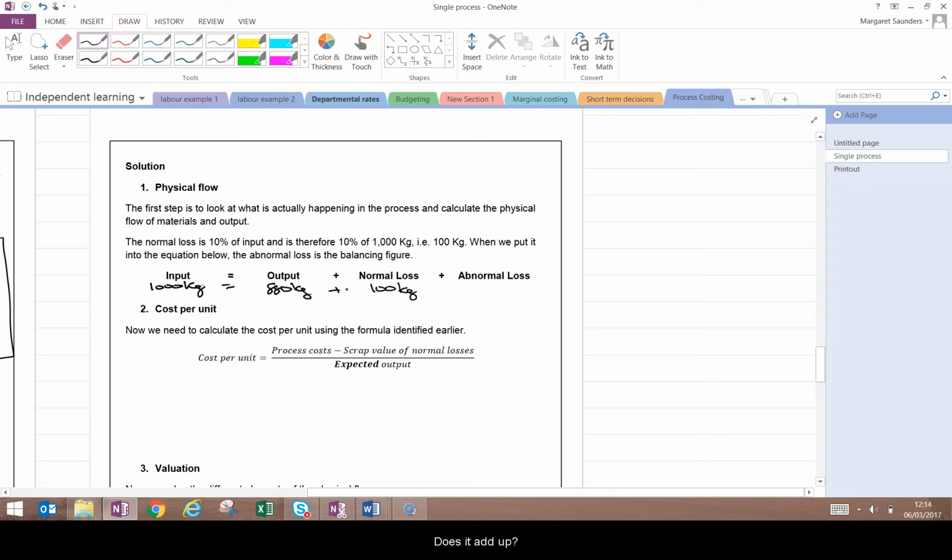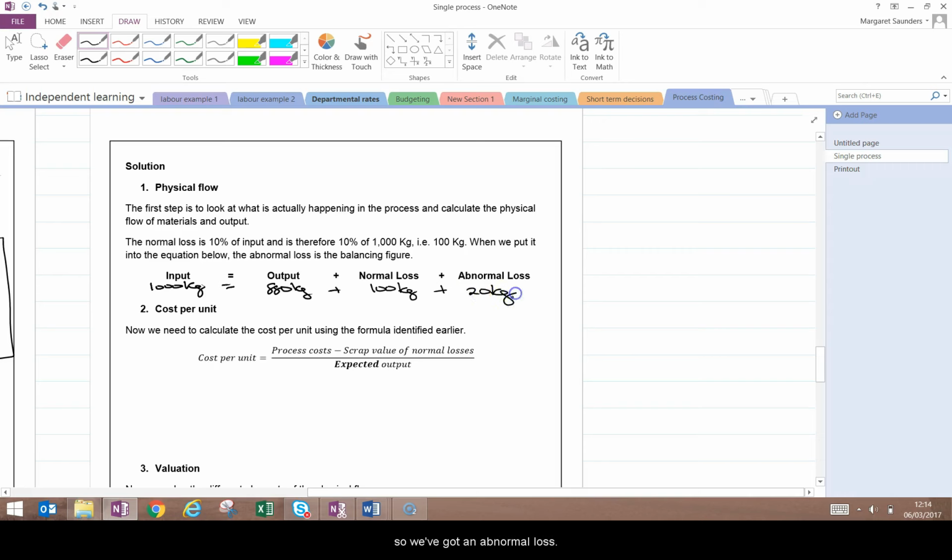So does it add up? 1,000 kilos went in. So far we know that there were 880 kilos output and 100 kilos normal loss. So that's 980. So we're 20 kilos missing. So therefore, in addition to our expected loss, so our normal loss, we must have lost a further 20 kilos.